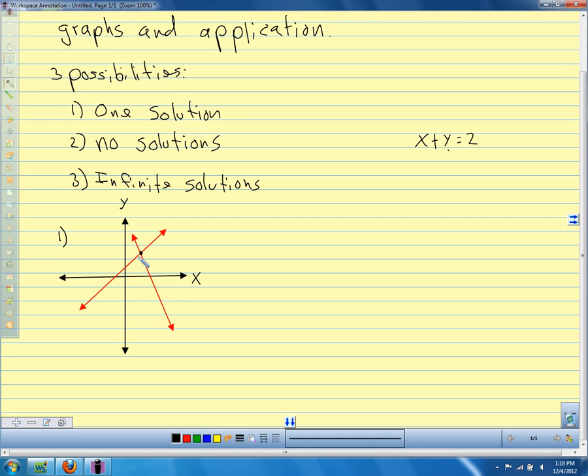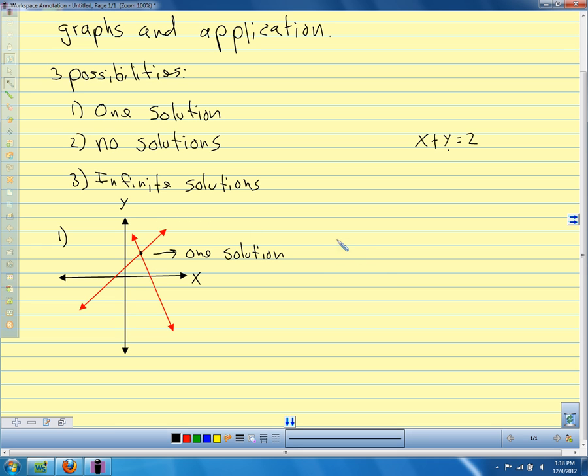So where the graphs intersect is our one solution. This is what our graphs are going to look like if we have one solution. We have two lines and they cross in one point. So this is what our first case looks like.